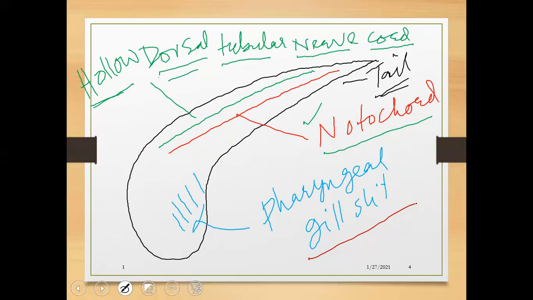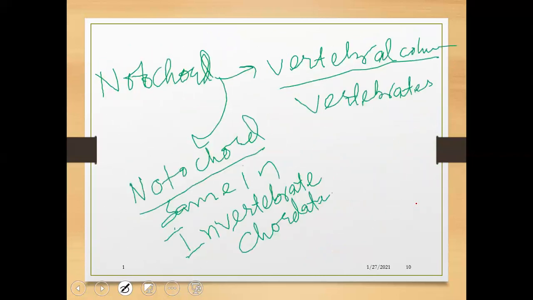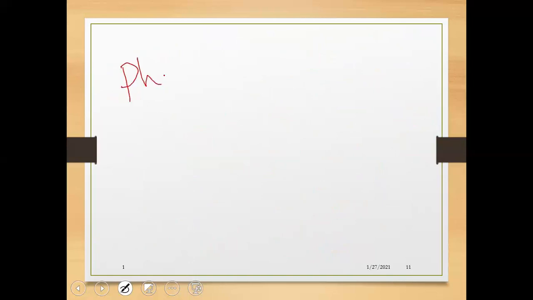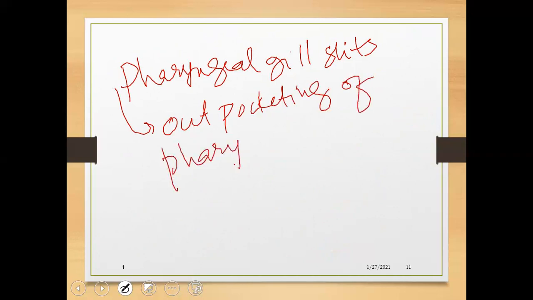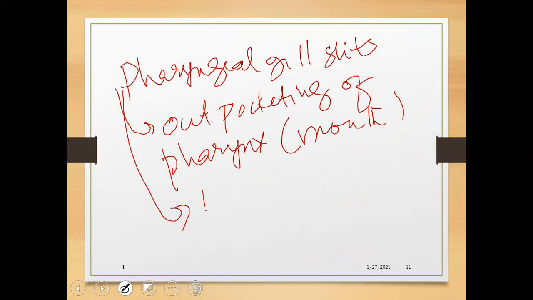Inside the buccal cavity there is an out-pocketing, and this out-pocketing is especially present in fishes. Now this pharynx becomes converted into gills, especially in aquatic organisms.